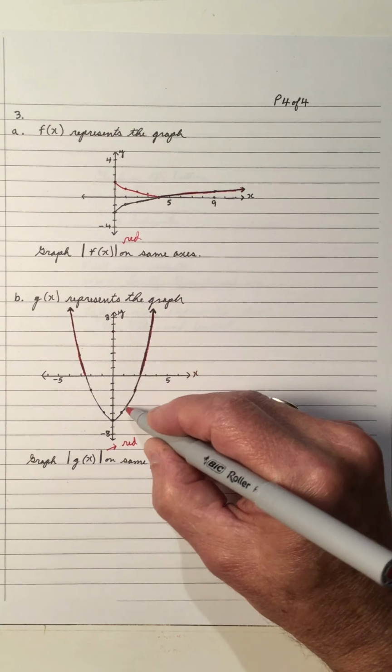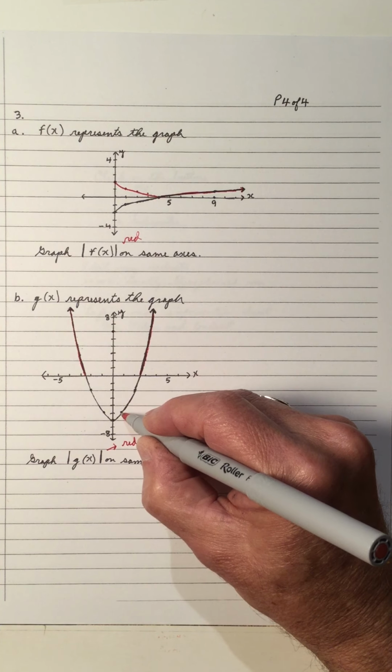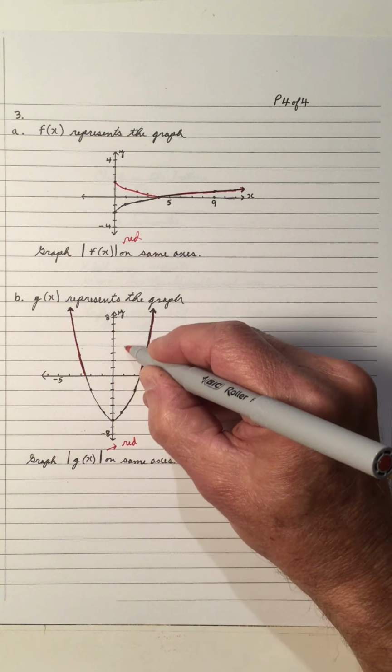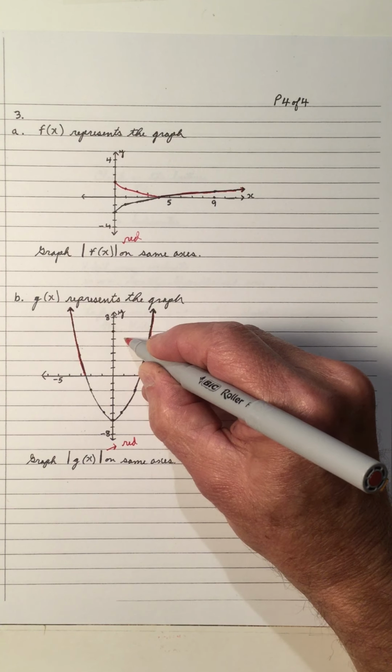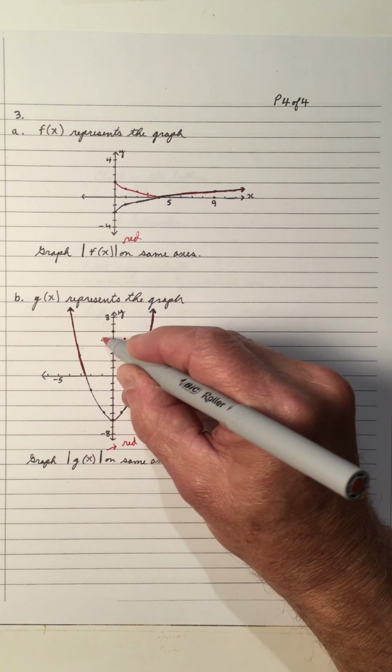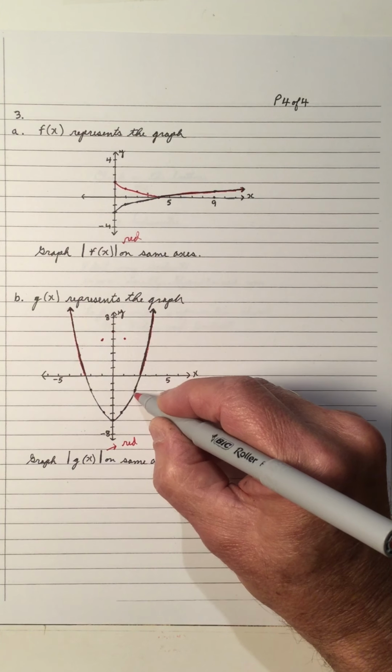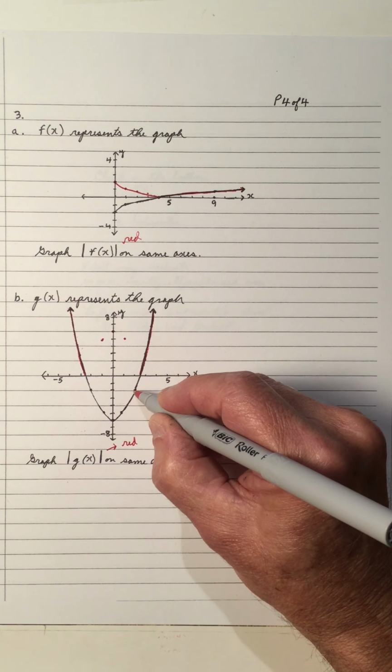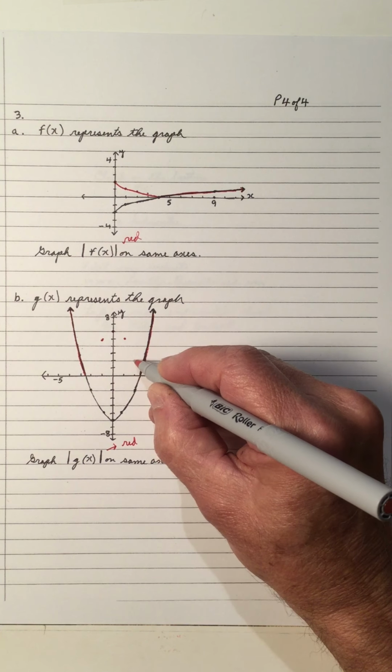That one. Instead of having 1, negative 5, I got to have 1, 5. So therefore this one is negative 1, 5. And this one is 2, negative 2. So it's 2, positive 2.